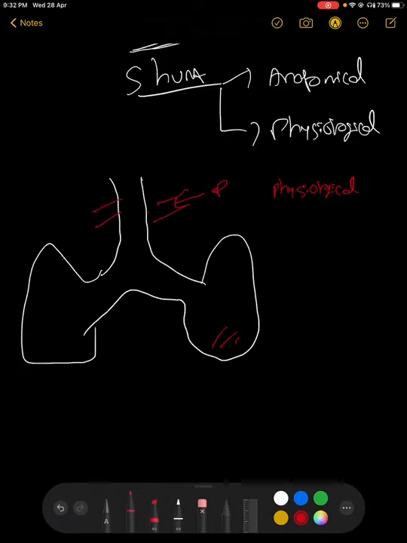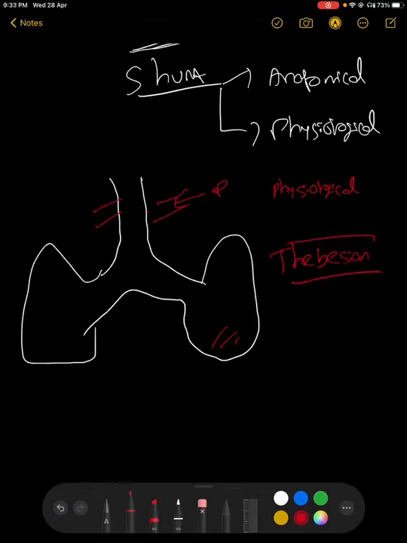And what is the second kind of physiological shunt? Normally the venous return of the heart is carried by the coronary veins to the coronary sinus. There are also small veins called Thebesian veins, which are present in almost all chambers of the heart.